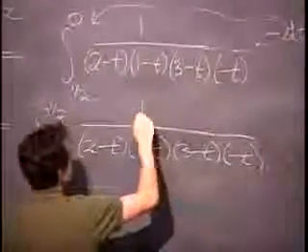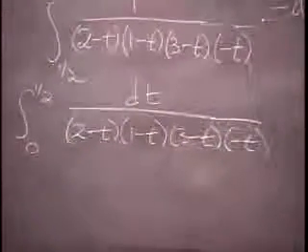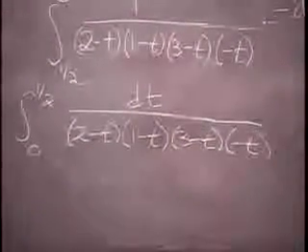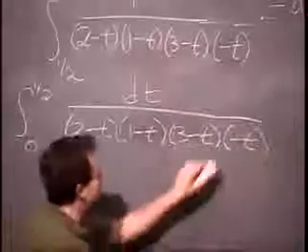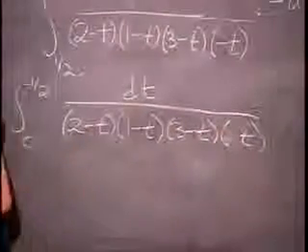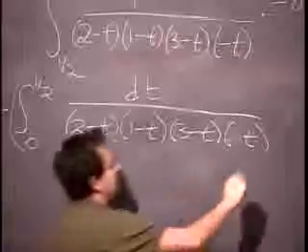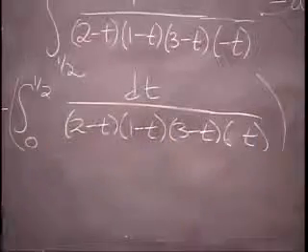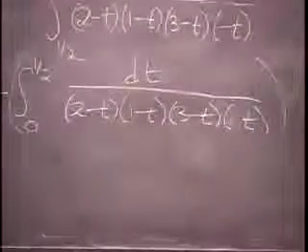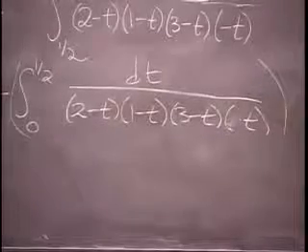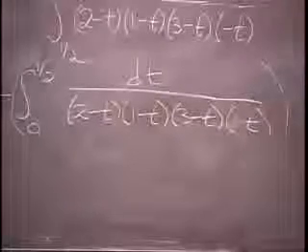It's a bit unfortunate that this quantity happens to be negative on the bottom, but never mind. In fact, I will pull the minus out the front so that everything is now positive. When t is between 0 and a half, all four of those factors are positive.